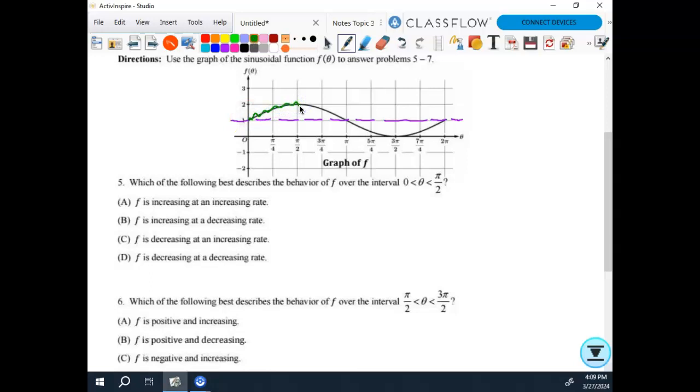So I want to see what behavior best describes f. Okay, so if f is increasing or decreasing, my y values are getting bigger, so f itself is increasing, so that eliminates these two. Then these two are talking about the rate, so let's make our fun chart so we can get our mind wrapped around the rate.